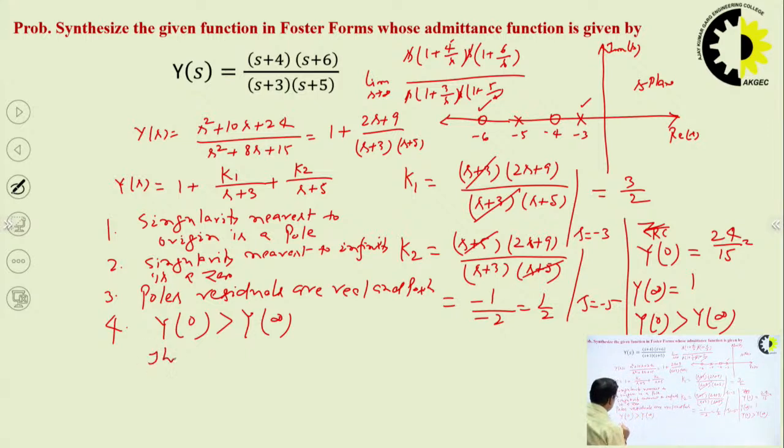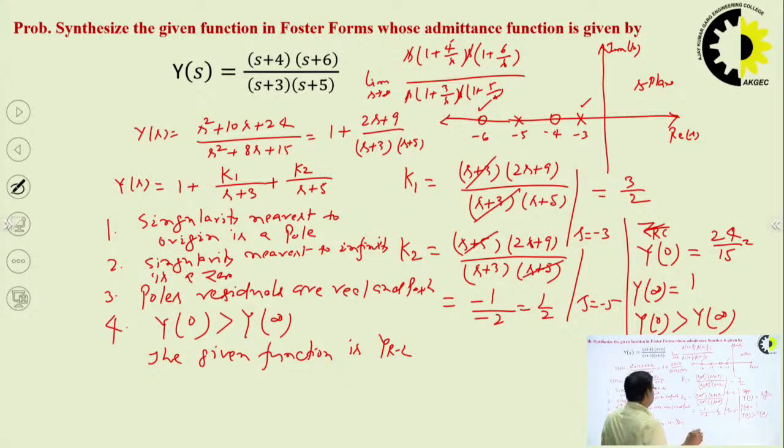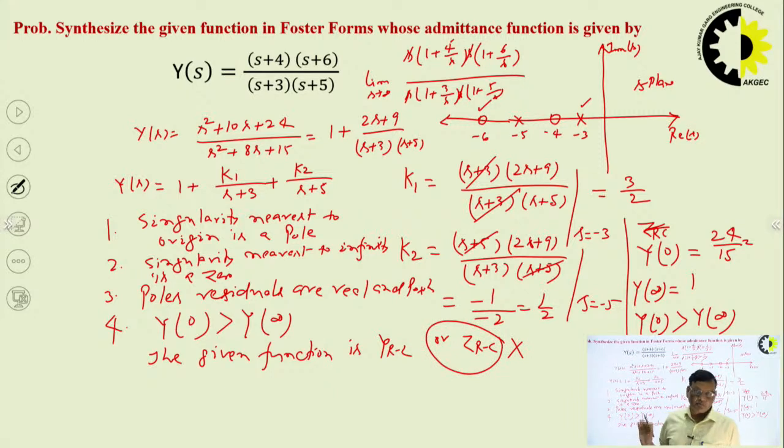So here we can write the given function is Y_RL, okay, or Z_RC. Z_RC we cannot write because it is an admittance function, okay. Properties are the same for the Z_RC and Y_RL, but the given function is admittance, so we consider it as Y_RL.